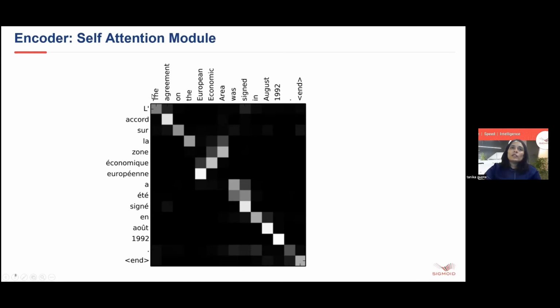In terms of the context, the way it is written in French and the translation in English, it makes more sense to have European first than economic. This happens because the attention module, as you can see, for the fifth word gives more weight to the word European than economic. That's why the fifth word is European, whereas for the sixth word, it gives more weightage to economic. So that's why economic has come as the sixth word.